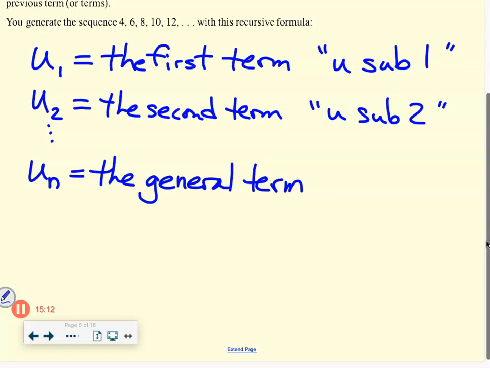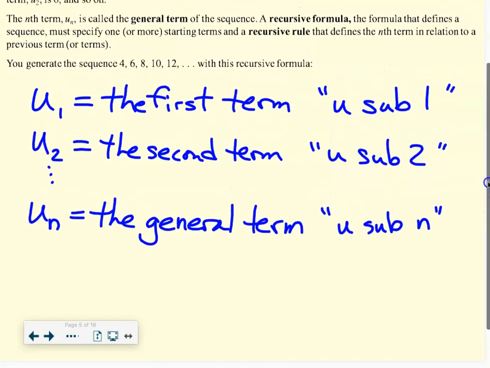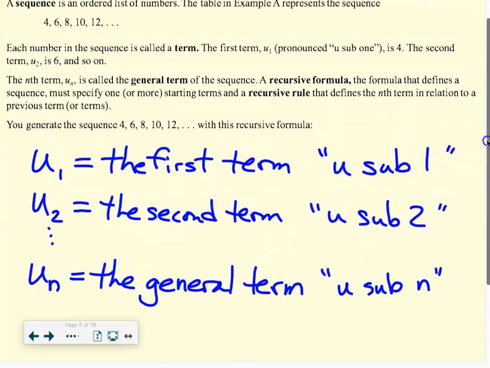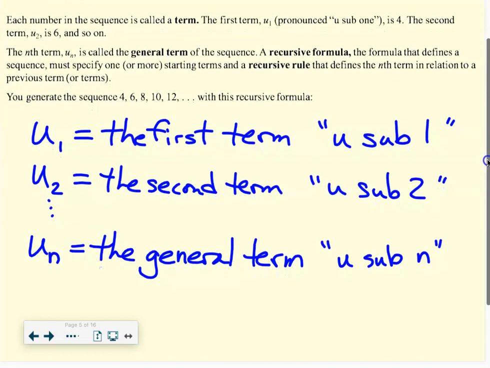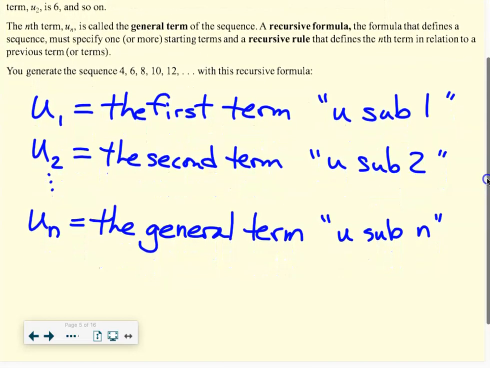So if n was 1, it would be the first term. If n was 2, it would be the second term. So U sub n is the general term. Now, let's see. So we've talked first term, second term, general term.